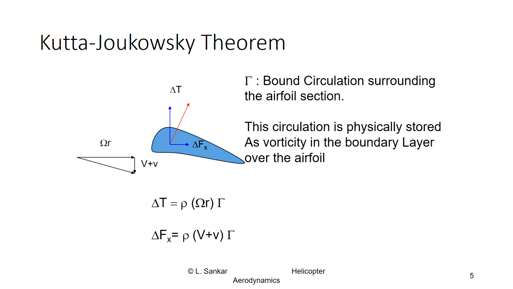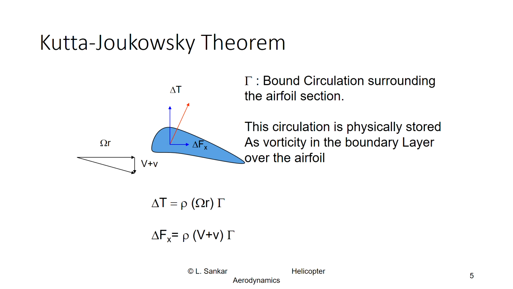Kutta-Joukowski theorem says, first you compute all the circulation surrounding the airfoil. Remember, the airfoil has got a vorticity in the boundary layer on the upper side and also the lower side. On the upper side of the airfoil, all the vorticity is spinning clockwise, primarily. On the lower surface, all these vortices are spinning in the counterclockwise direction.